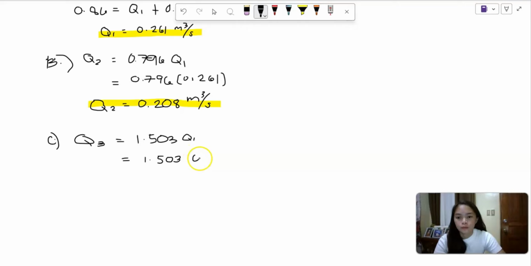We have 0.261. So our flow in pipeline 3 now is 0.392 cubic meter per second. So these are the answers.